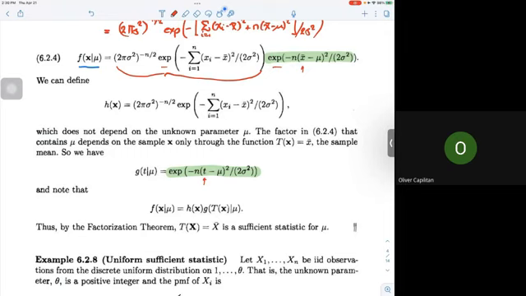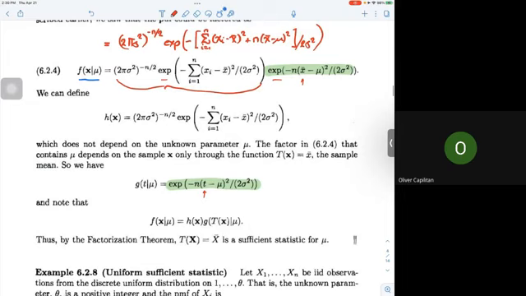The t of x here is a function of the sample, t of small bold x is equal to x bar. So this would further imply that our statistic t of bold x is x bar. And therefore, by the factorization theorem, the sample mean is a sufficient statistic for mu.